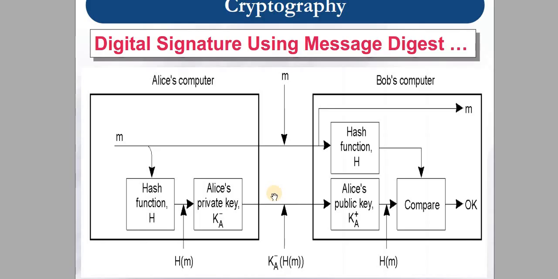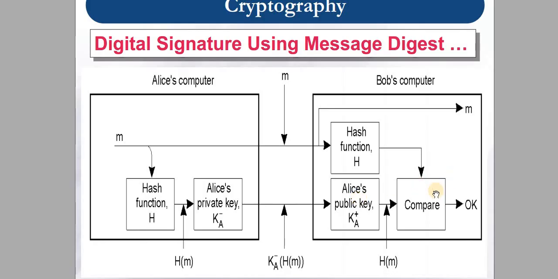Another way of communication is, in addition to hashing, Alice can also use Bob's public key to encrypt both the original message M and the signature. She can send it to Bob. Bob can use his private key to read the message content. Then he can use the matching hash function to produce the hash value and compare them.